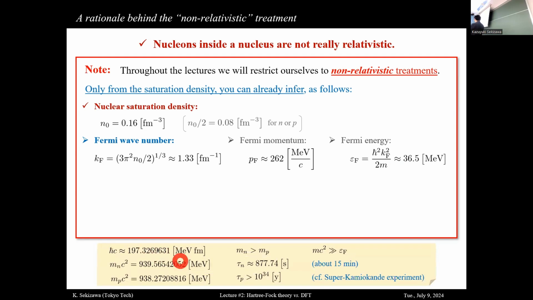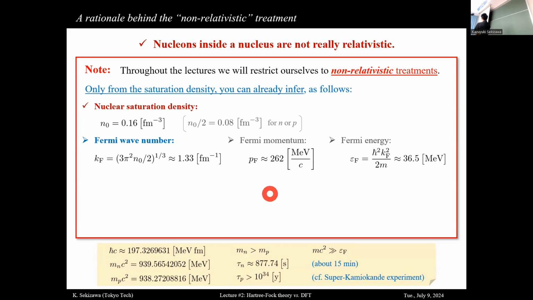You should remember this number, around 200 MeV femtometer. This is very useful to evaluate numbers. So h bar c is about 200 in units of MeV femtometer, and you can use this relationship to get about 262 MeV per c.